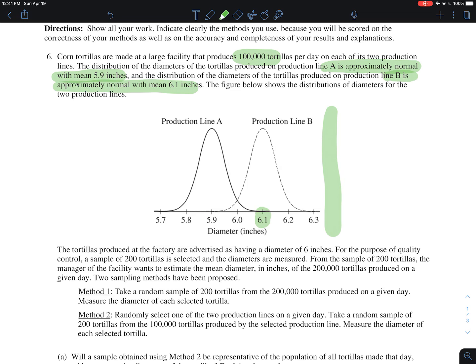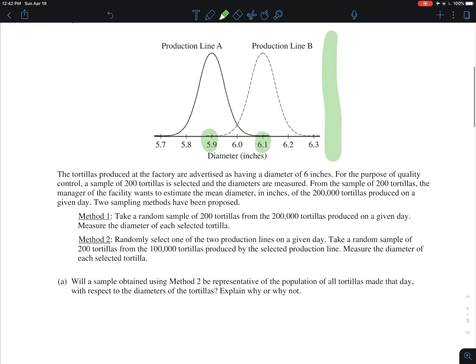Here's the average of B and the average of A. And without thinking too hard, the spreads seem to be about the same. So we're looking at somewhat roughly equivalent distributions here, just one happens to be shifted from the other.